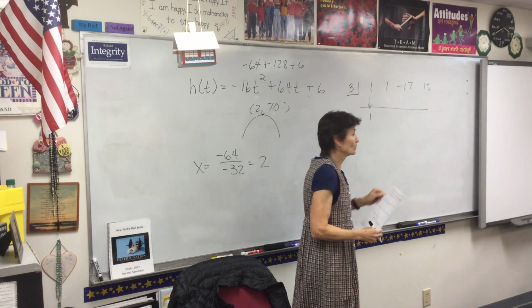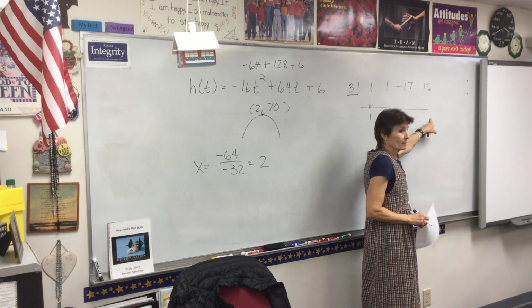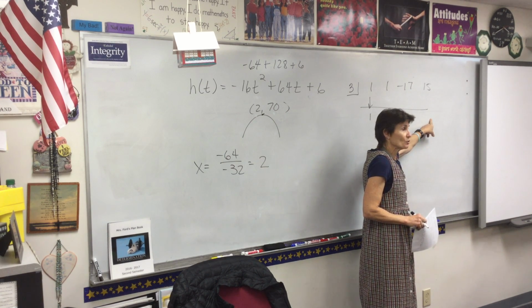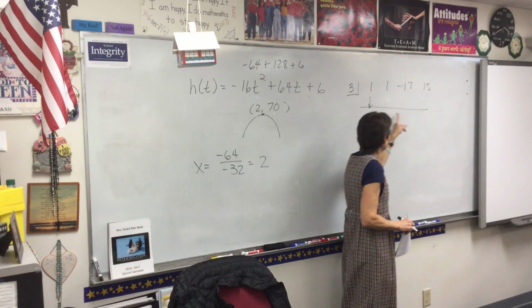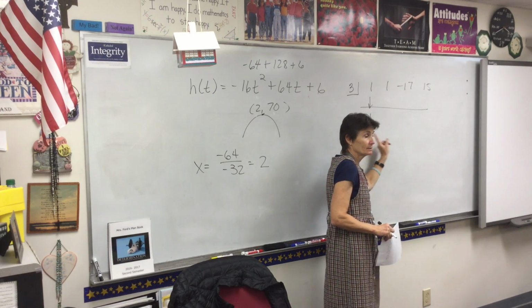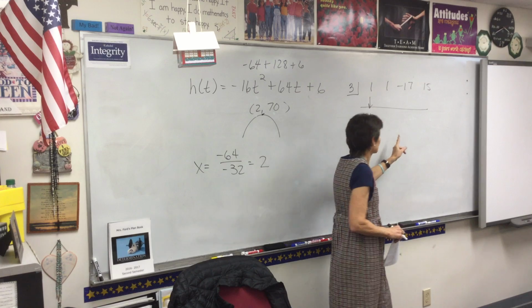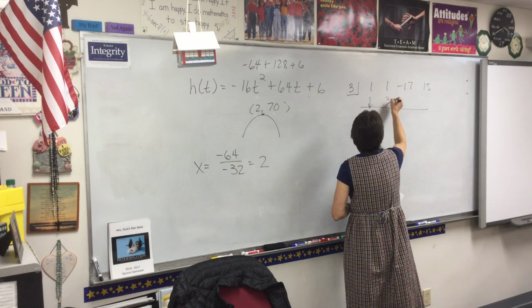Now what is absolutely going to happen? You're going to get a 0. But you don't care about that this time. What you care about is this part right here and how that breaks down. So, do your division.